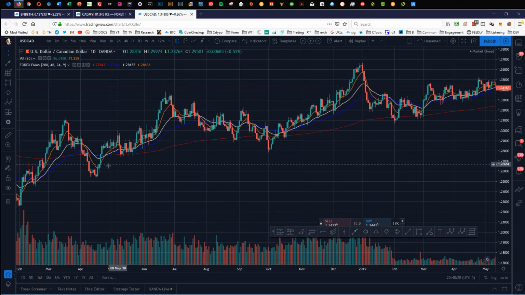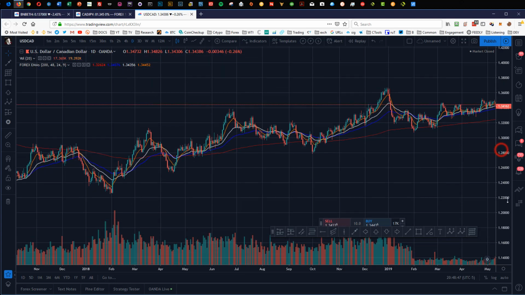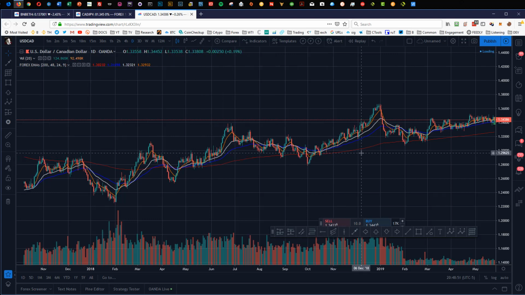Now, volume is different in the Forex market. It's more pip movement. There is volume here, and I have been a little successful at reading some of this volume, but it's not as much as in the equity market and the crypto market. But let's say that here I'm trying to find where I would execute a trade.